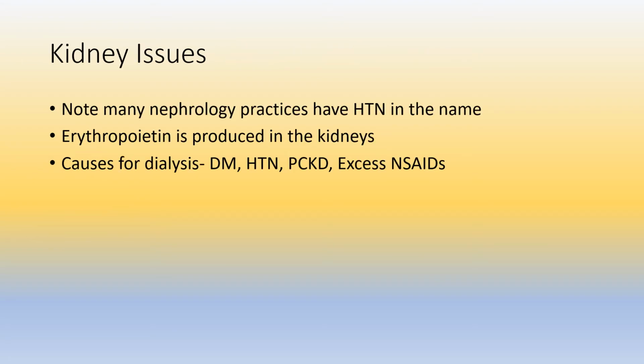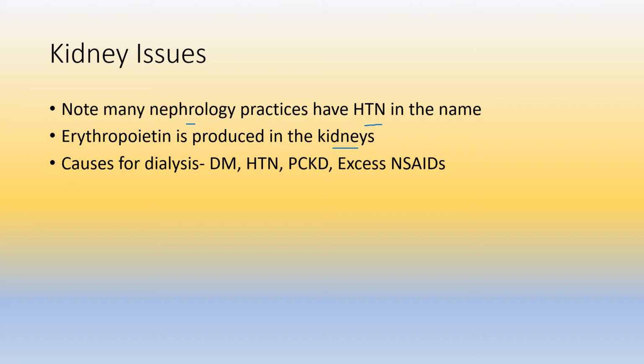Kidney issues, again, remember that many nephrology practices have hypertension in their name, so that is the specialty that you send people to that have problems with hypertension. Erythropoietin is produced in the kidneys, so if you have somebody with kidney failure, they'll often have a low hematocrit and hemoglobin.